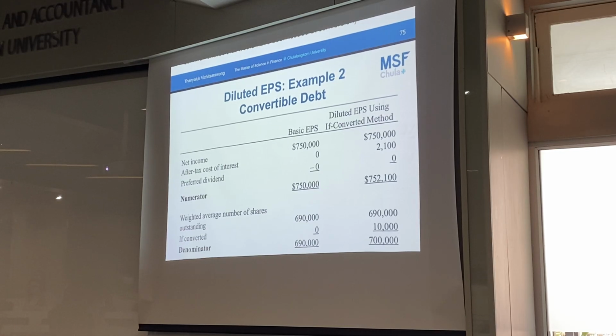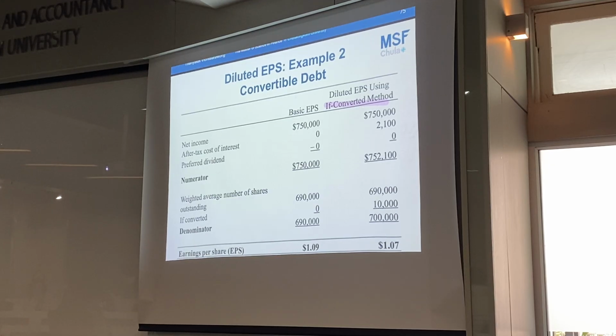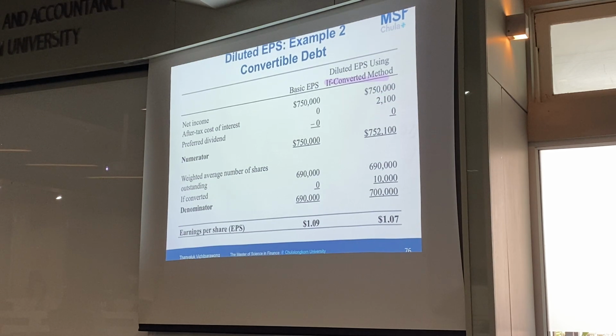So you have to use the if-converted again. Right? So if this convertible bond is converted, you don't have to pay the interest. So you have to add back the interest expense net of tax. Net of tax. And then your denominator, if it is converted, this is the new shares issued, 10,000. And then this divided by this is the EPS. Right.